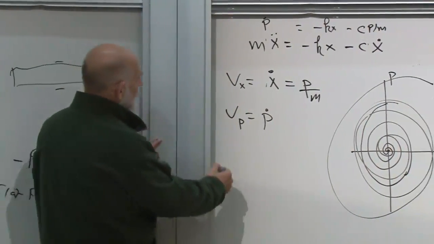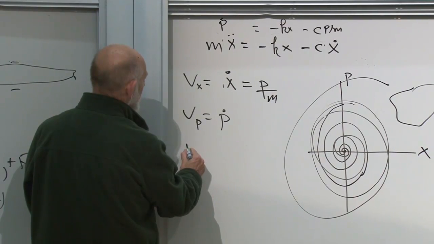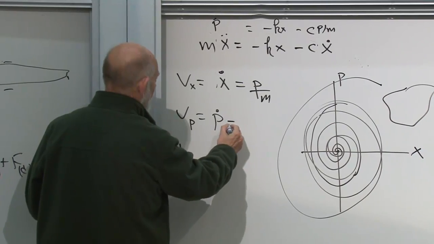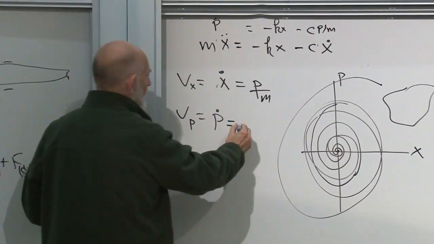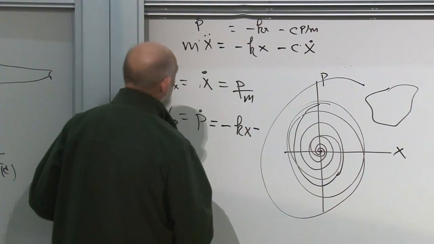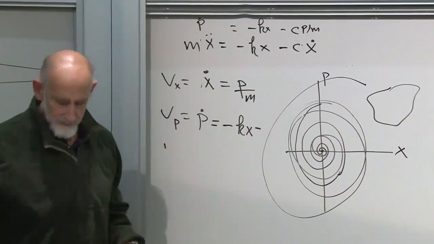So this is Vp. Here's Vx, and here's Vp, and that's minus kx minus cp over m, right?